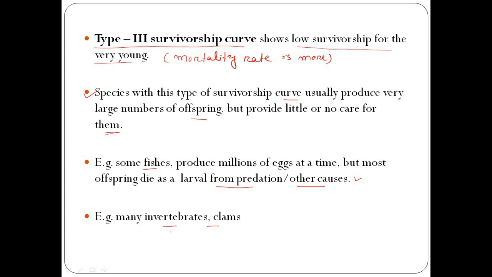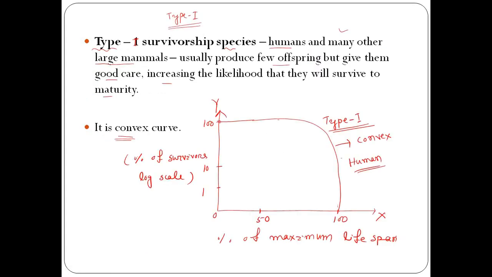Another example is many invertebrates and clams. And this kind of survivorship curve is concave. Here I'm plotting it, this one.